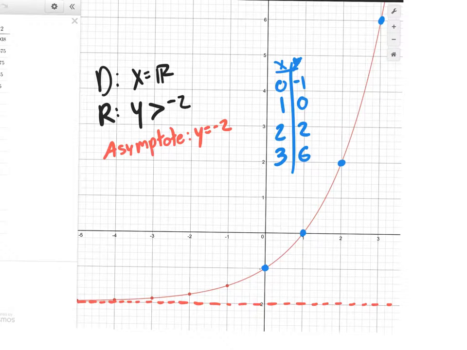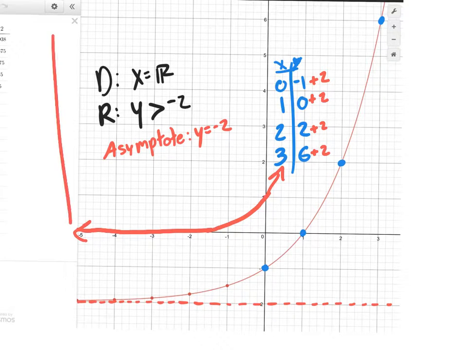So I'm going to just put a +2, +2, +2, +2. That way I could get a new xy table that looks like this, right? That way we could easily see the pattern. So check this out. I'm going to make another xy table, 0, but instead of -1, it's +1.